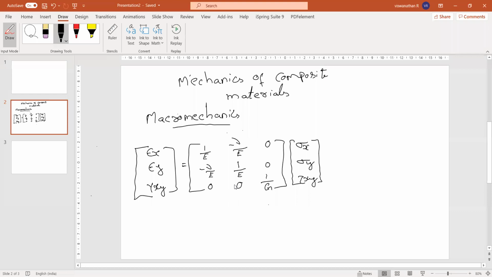This one, how many independent constants are there in this matrix? 4. 4. What are those?